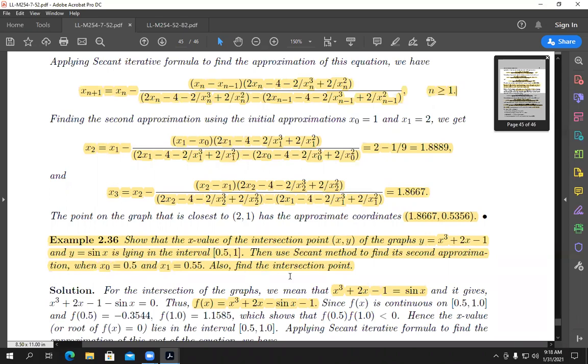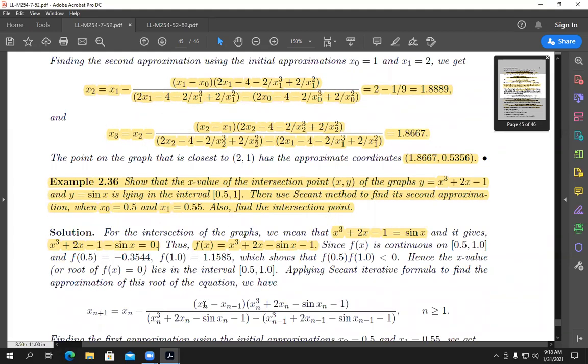And they are intersecting, and intersection means their graphs must be equal, and when they are equal, then you can easily find your nonlinear equation. When you have a nonlinear equation, you can find f of x. And when you have f of x, put the values of f of x at xn and xn minus 1, the generalized case, in the formula, and inshallah you finish with this value.